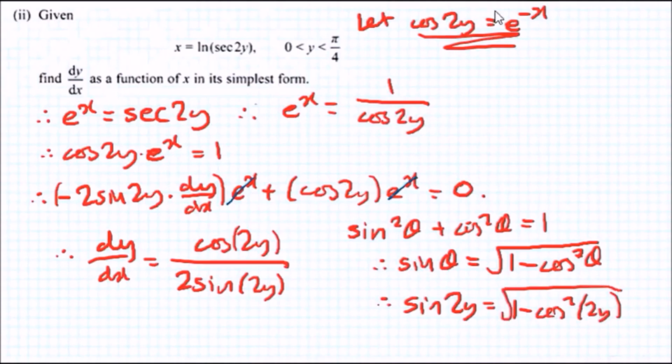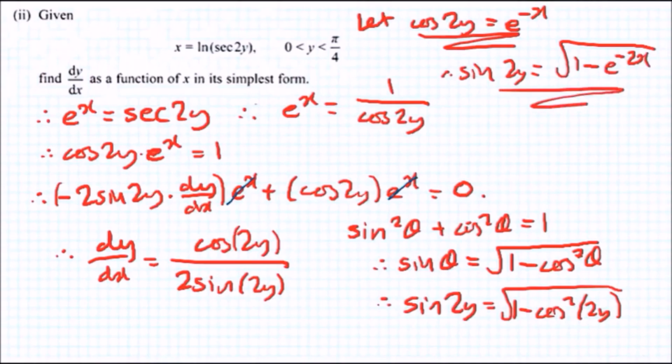Cos 2y is e to the negative x, so that means cos squared 2y is e to the power of negative 2x. So we can write the top here. Therefore, sin 2y equals the square root of 1 minus e^(-2x). And that's it, guys.